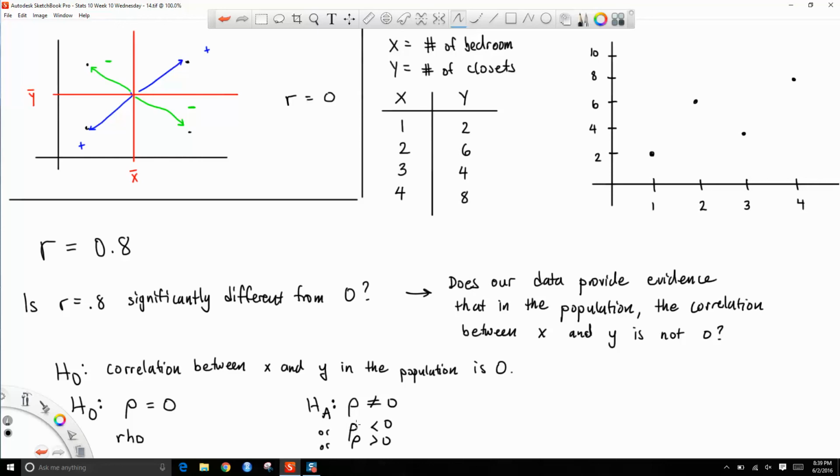I'm just going to wave my hands and say, to test this, we have this test statistic, and I'm not going to try to explain where it came from. The test statistic is going to be t equal to r times the square root of n minus 2, divided by the square root of 1 minus r squared.